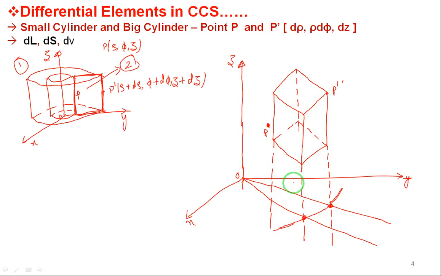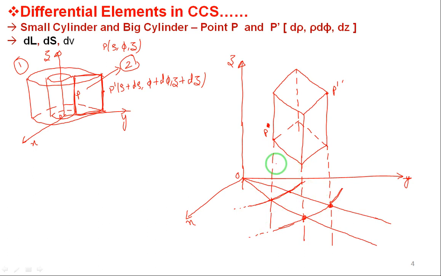Similarly the back face will come here. So this is the radius of the smaller cylinder. If I extend in this direction, it will form the smaller cylinder. If I extend in this, the bigger cylinder, whose radius is rho, and for this the radius is rho plus d rho, right. I hope you understood this.